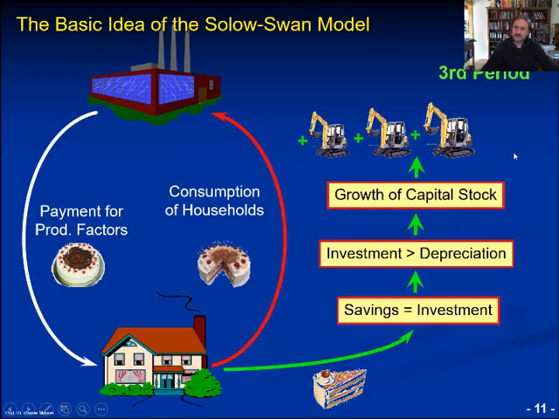And so on. This is the way the Solow-Swan model explains why the GDP cake gets larger and larger. It gets larger and larger because we add more and more physical capital to the production process.